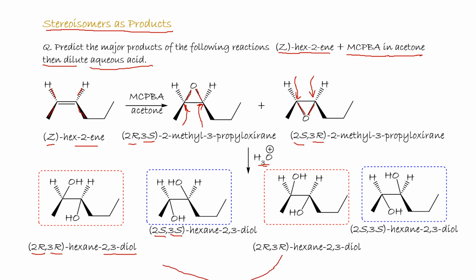This compound is the same as this one, and that one is the same as that one. So again, we will get a mixture of two enantiomers, a racemic mixture.